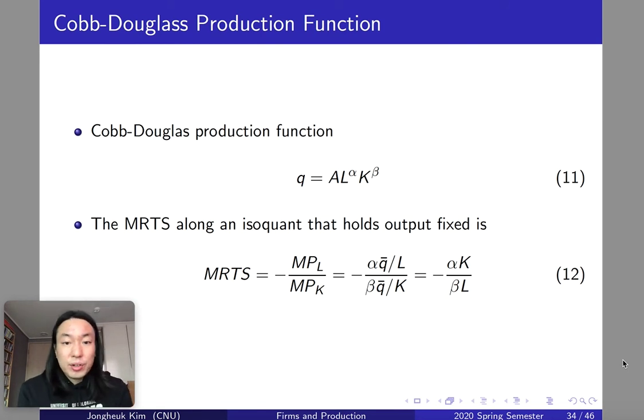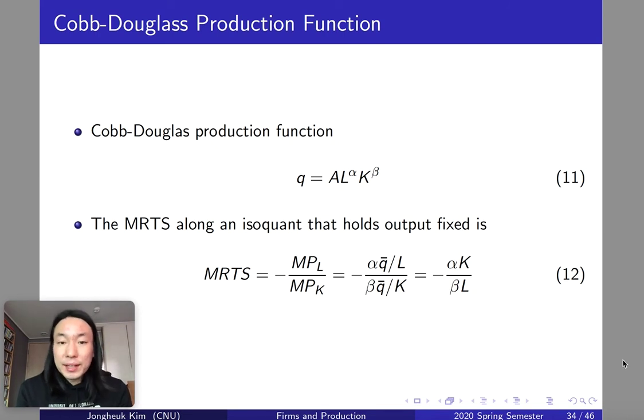So usually alpha and beta are referred to as the relative ratio of labor income to capital income. Okay, so usually alpha plus beta equals 1 in many economics research papers.